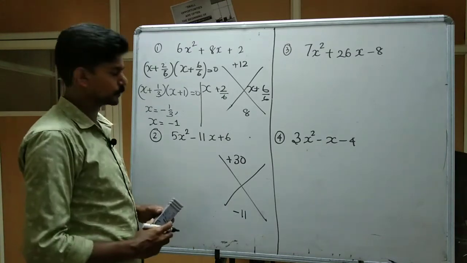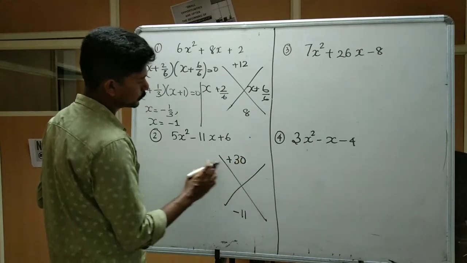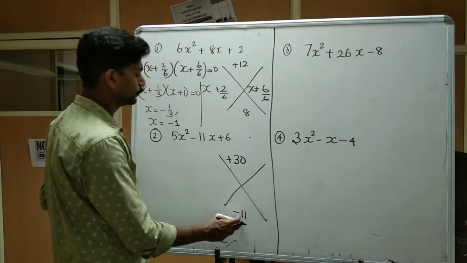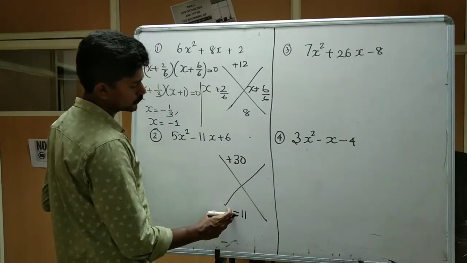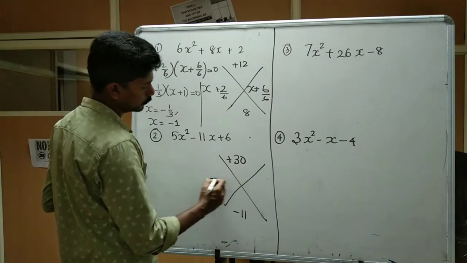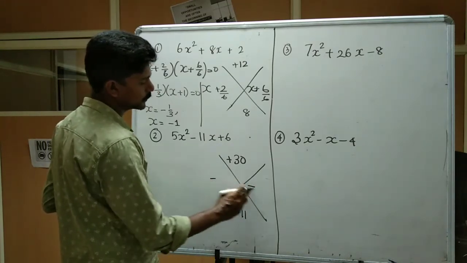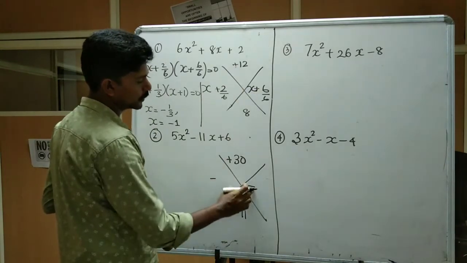Let us see this one. Here when we multiply two numbers, we should get 30, and when we add we get minus 11. The product is positive, but the sum is negative. So in this case both numbers must be negative, because negative into negative is positive.